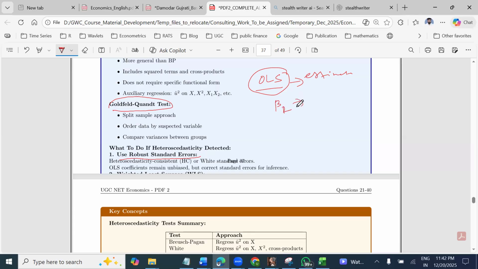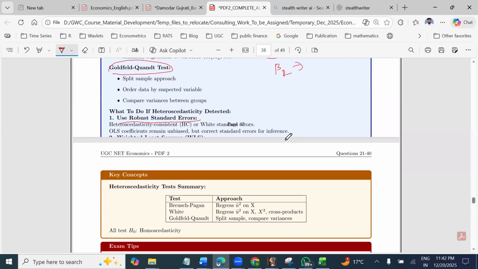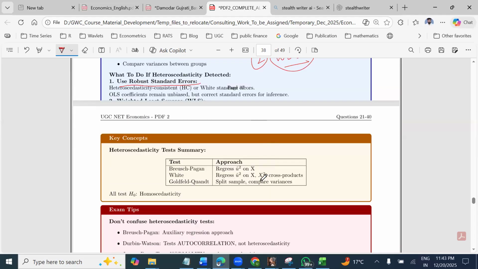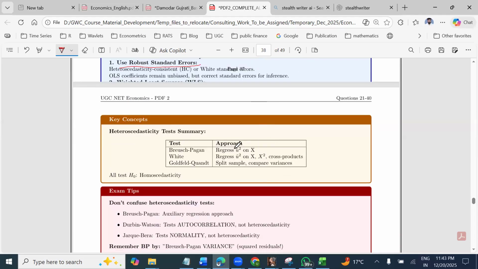Beta 2 or beta 1 are unbiased but inefficient. Clear? Yes, sir. Another method you can use is the weighted least squares method when heteroscedasticity is present.